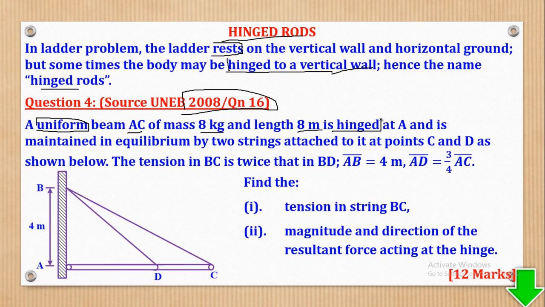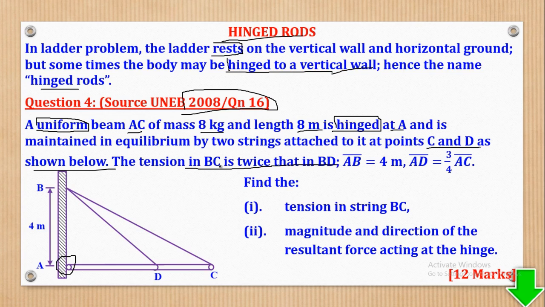I think we realize that now we no longer use the word rest, we use the word hinged. At A, and is maintained in equilibrium by 2 strings attached to it at points C and D as shown below. So this is the diagram, these are the strings D and C, and the hinge is at this point A. The tension in BC is twice that in BD.